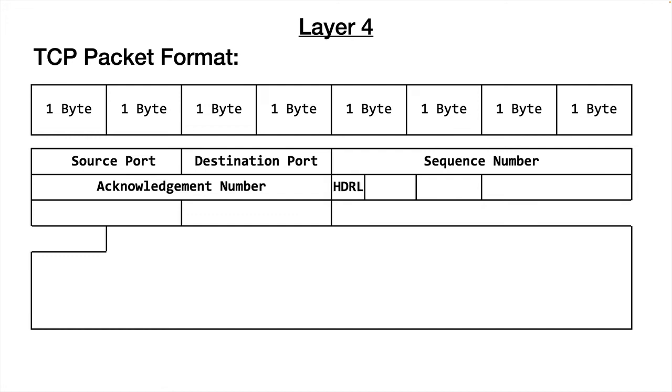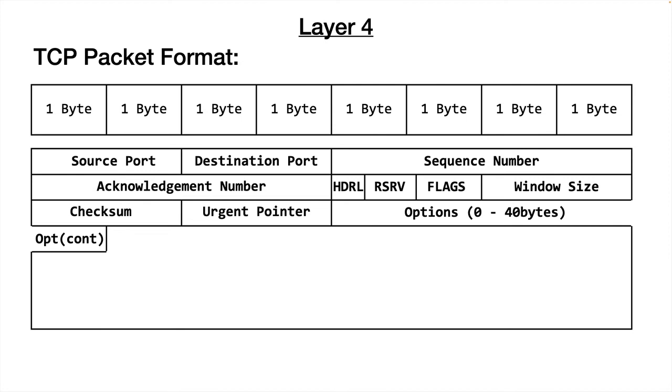We have a header length, which is 4 bits. We have 6 bits that are reserved, and then we have 6 bits of flags. And then when we talk about sliding windows, we have the window size, a checksum, an urgent pointer as to how urgent this message is.